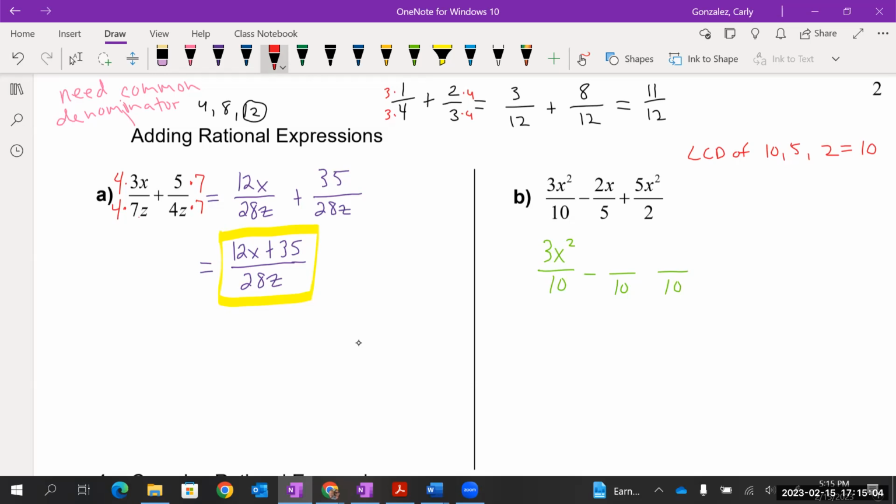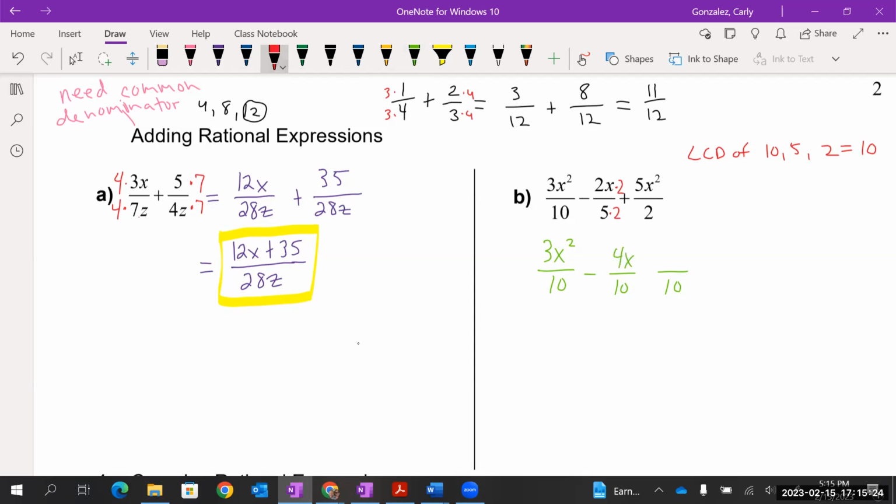The middle fraction, we're trying to change that fraction's look, but still keep the value the same. And so we have to figure out, 5 goes into 10 how many times? 2. So now we'll multiply the top and bottom of that rational expression by 2. And we get 2x times 2 is 4x.